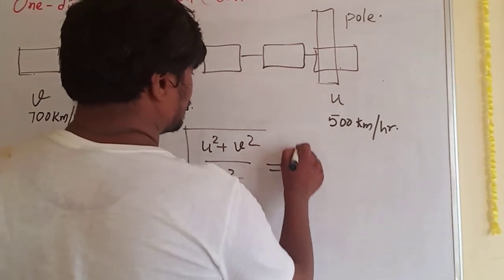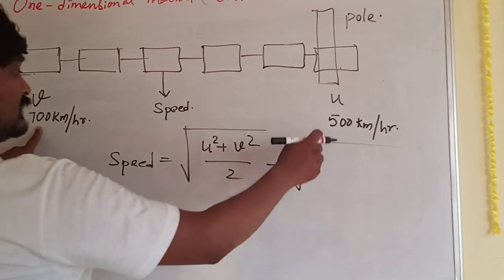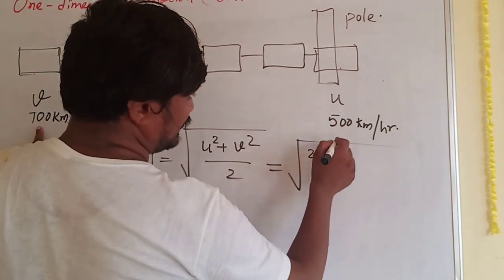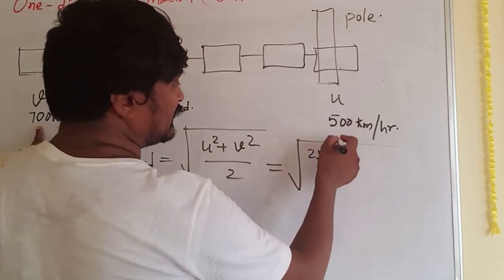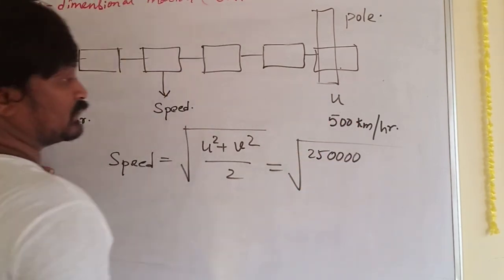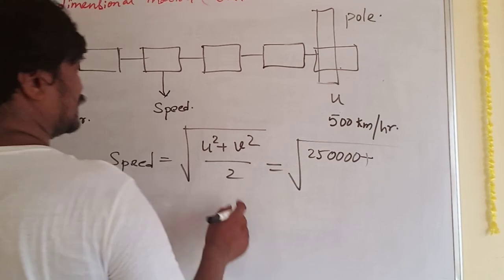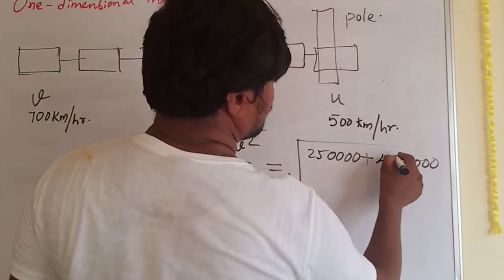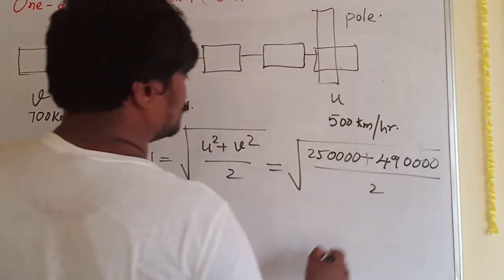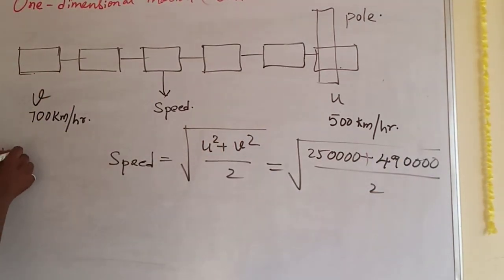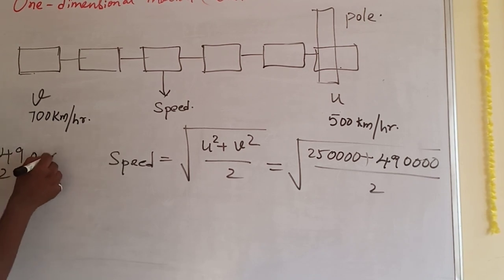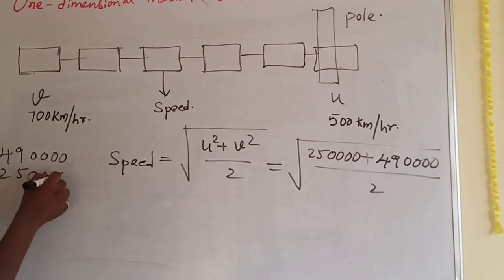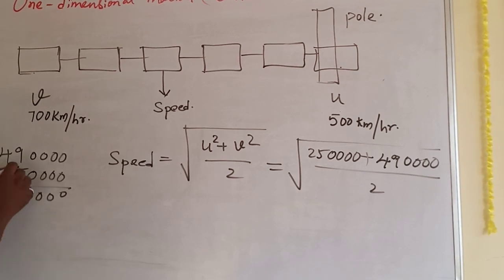So now what we can do, square root of, first u square, 500 square, 5 5s are 25, and with the square it becomes 4 zeros. Plus v square, 7 7s are 49, and again 4 zeros. So upon 2. Add both, 49 and 25, that gives 74, so we get 74,000 upon 2.